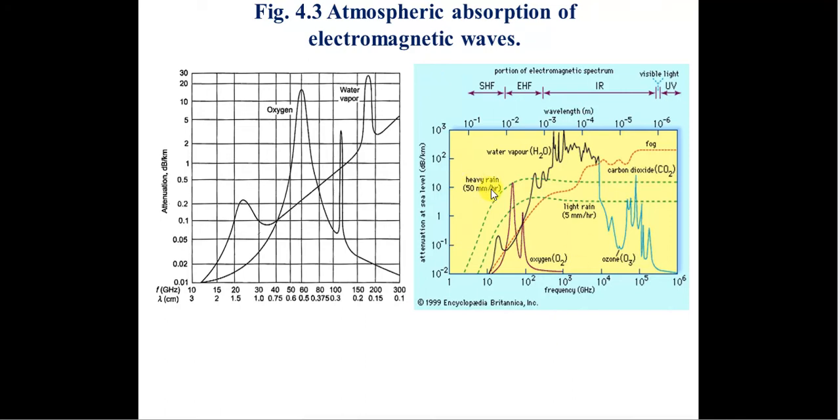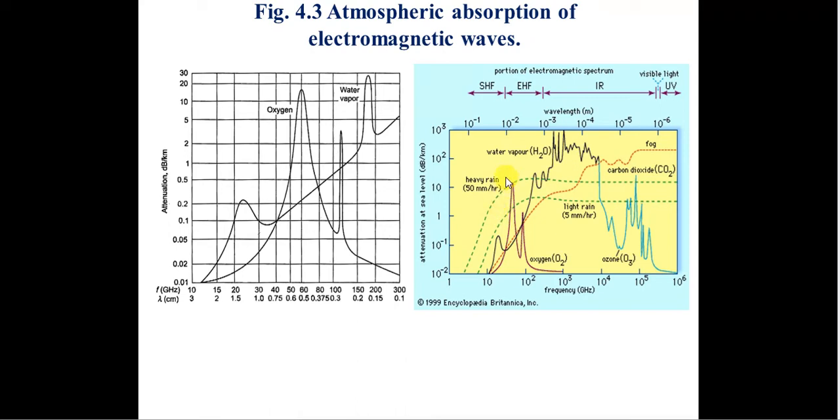This colorful diagram is also the same diagram. Here also we can see that the absorption is taking place from ozone, from oxygen, from water vapor, fog, from carbon dioxide, as well as by heavy rainfall.